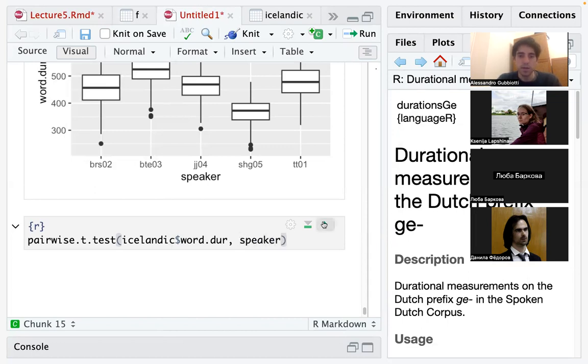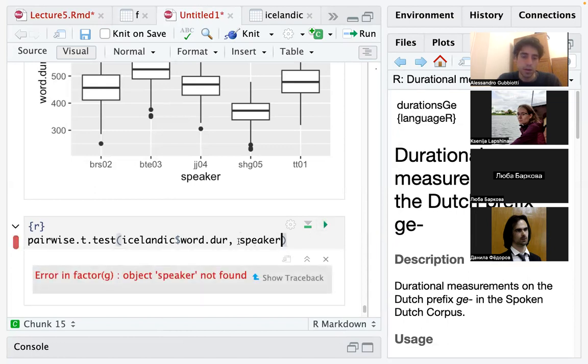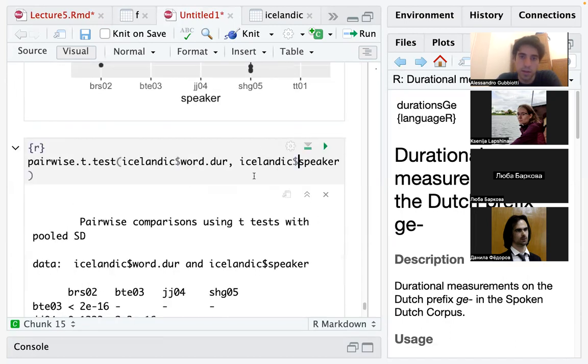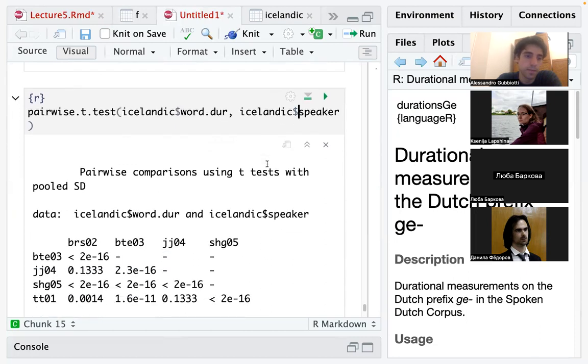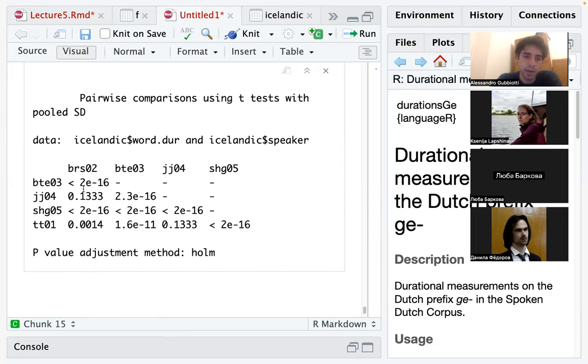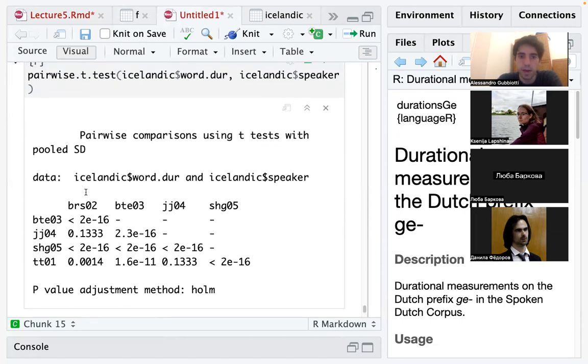And I would say that this will do the job. Sorry, Icelandic, of course. There is no variable called speaker; it exists only inside the Icelandic data. And this performs separately many tests.